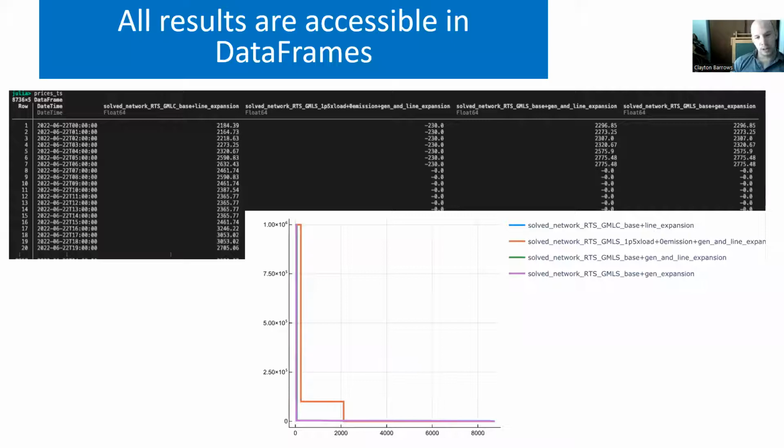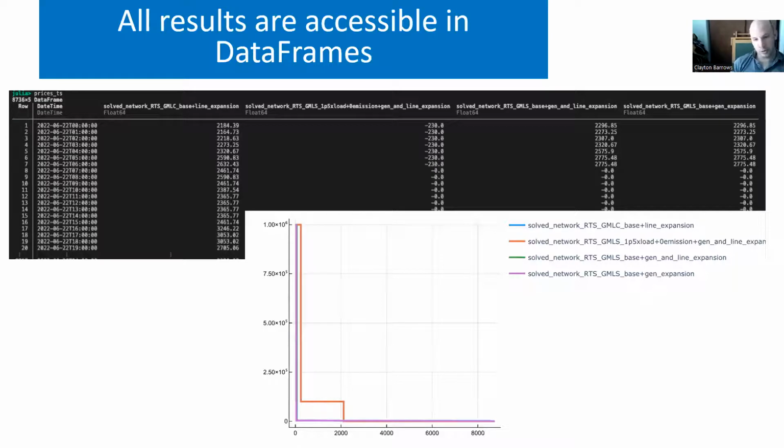And so I just made a price duration curve, which isn't all that interesting because of the simplicity of this network. But the reality is that exposing all of the results for all of the parameters and variables and dual values and auxiliary variables that exist in the models allows the user to do some fairly advanced data analytics on the results of these problems, all within the ecosystem that's available from Julia.